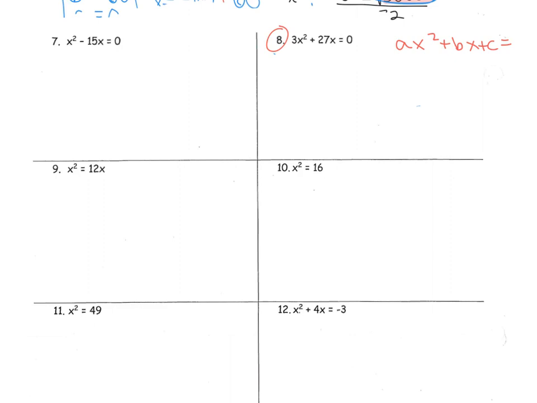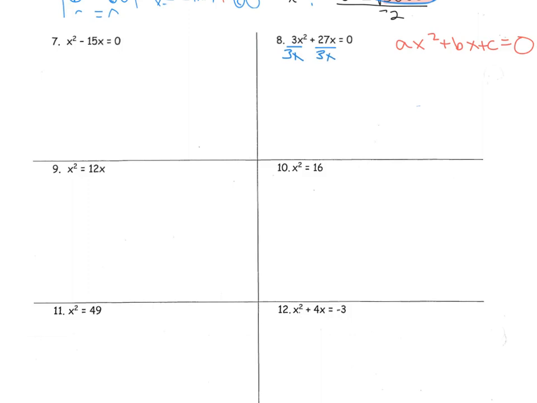There's no c value, and it equals 0. So this is in standard form. So let's factor this and solve the quadratic. Again, when you solve quadratics, it's got to be equal to 0, guys. So first things first, I'm going to take out a 3x. These both have in common a 3x.